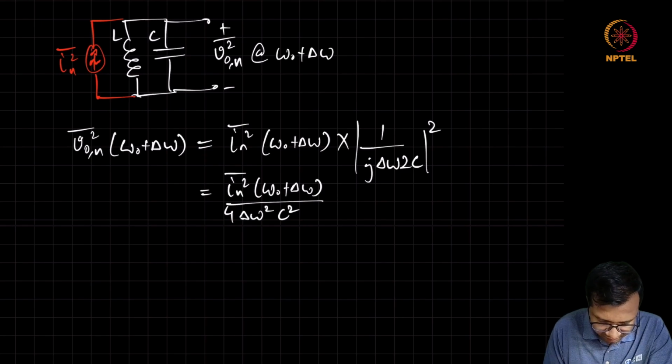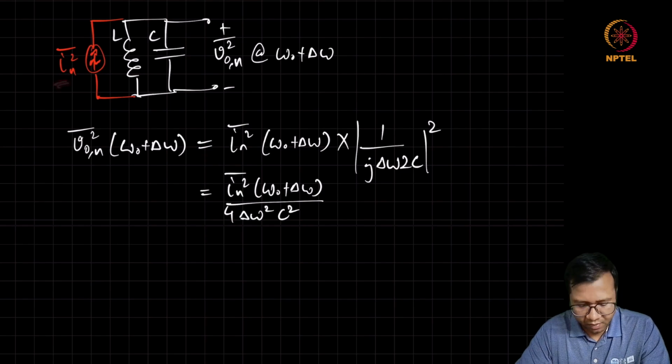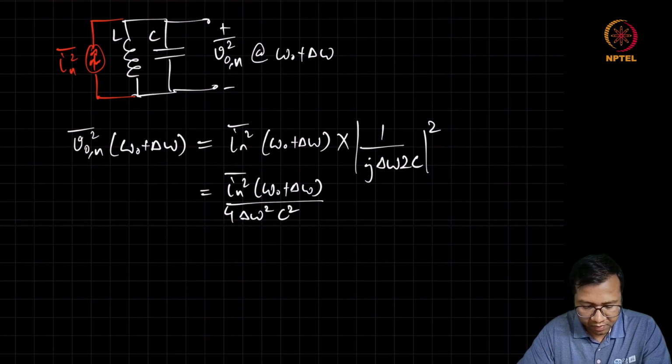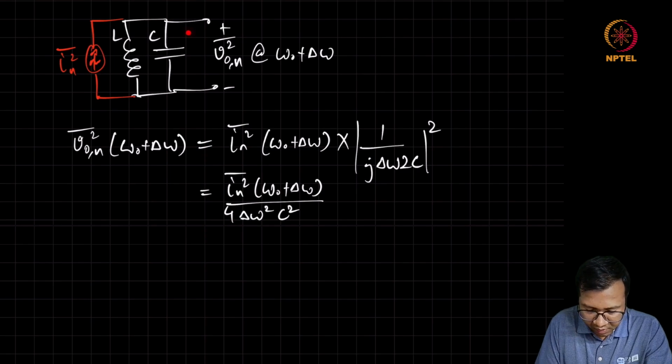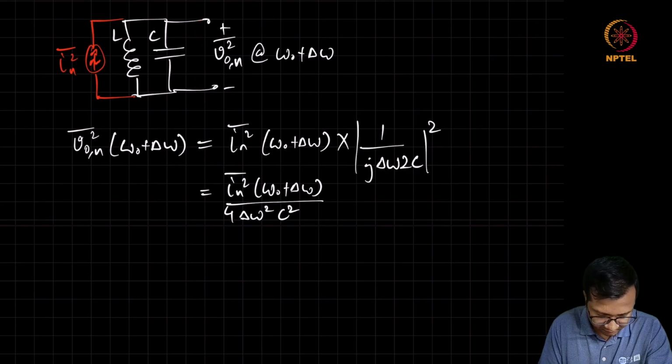Now let's take a case when this current noise is coming because of the resistance which was connected in parallel to the oscillator.